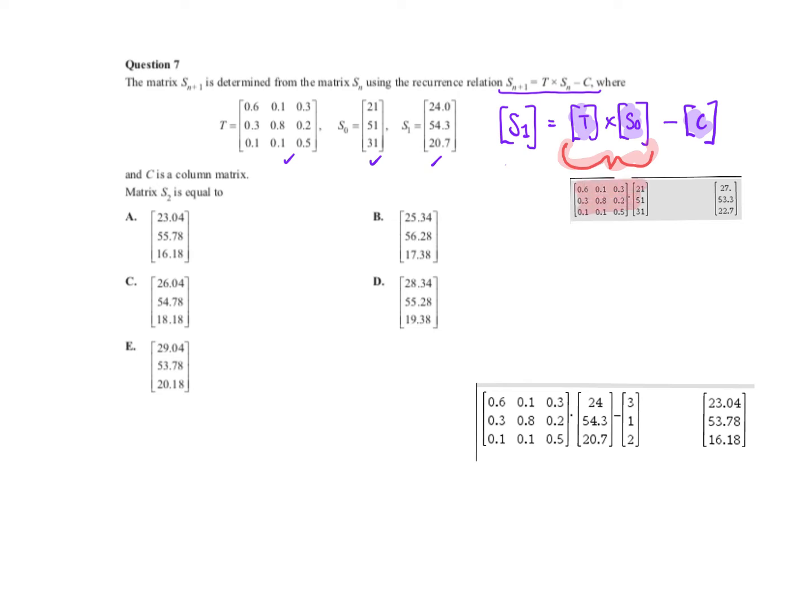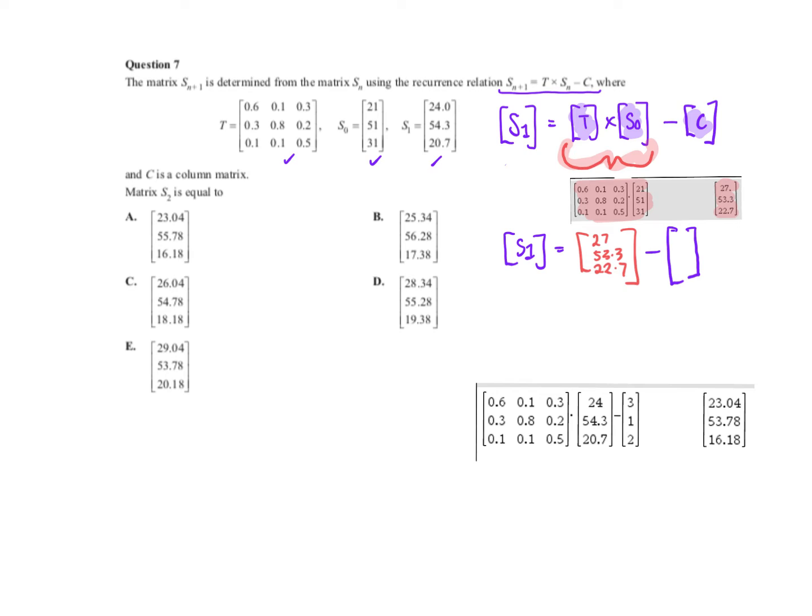If I do that bit on the calculator, I will essentially get this. This is our answer. If I keep following this down, I could say S1 is equal to, now I've done that timesing part, 27, 53.3, and 22.7. And then I would have said minus this C matrix, which is a column matrix.